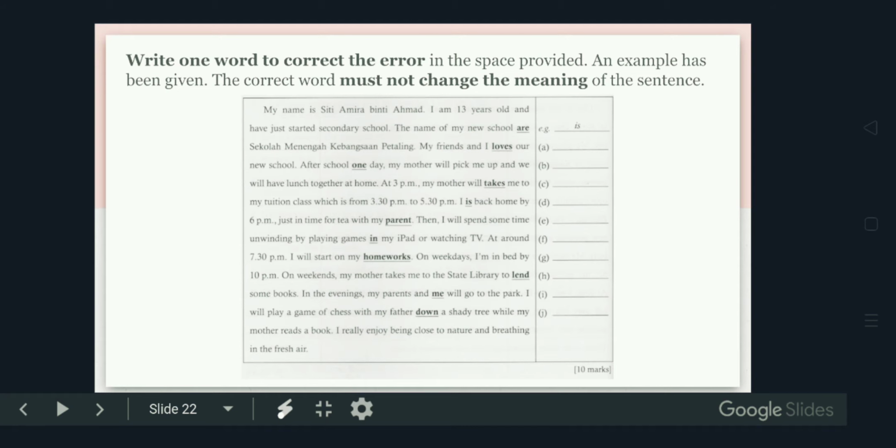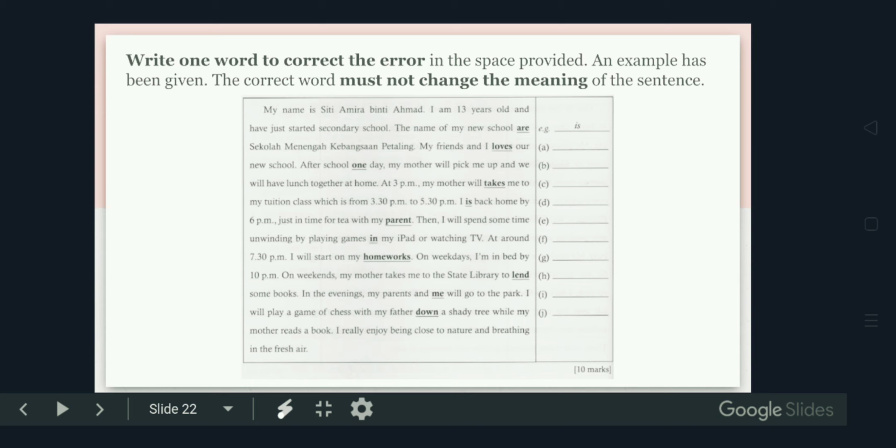My friends and I loves our new school. After school one day, my mother will pick me up and we will have lunch together at home. At 3 p.m., my mother will take me to my tuition class, which is from 3:30 p.m. to 5:30 p.m. I is back home by 6 p.m. just in time for tea with my parents. Then I will spend some time unwinding by playing games in my iPad or watching TV.